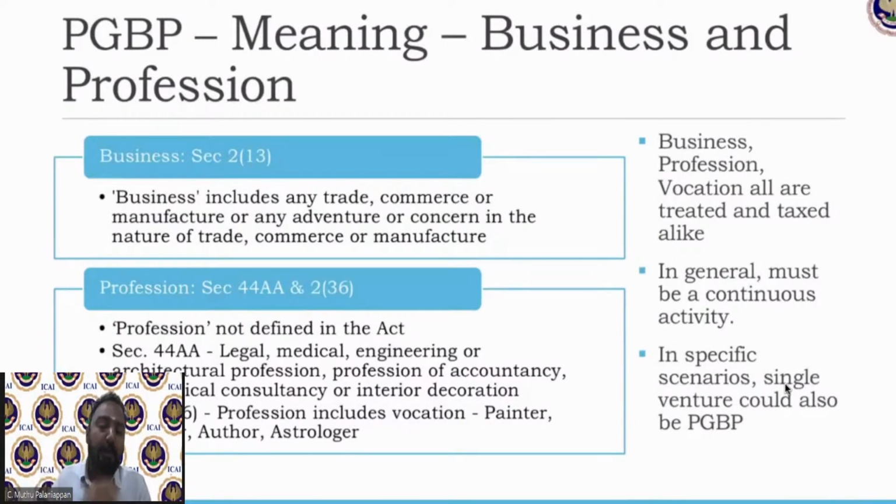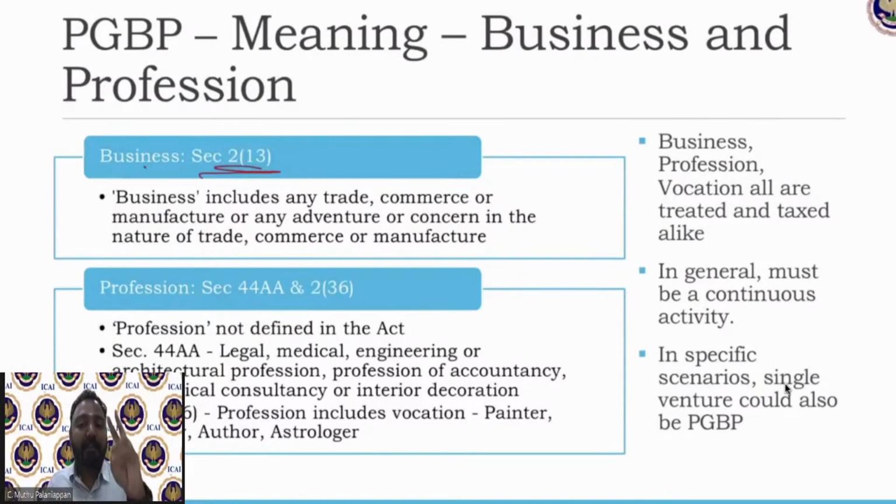The first word is business, right? When you say business, it has already been defined under Section 2, Clause 13. When we say Section 2, if you remember, in any act, for example, starting with your Contracts Act or any act for that matter, Section 2 is called a definition section.